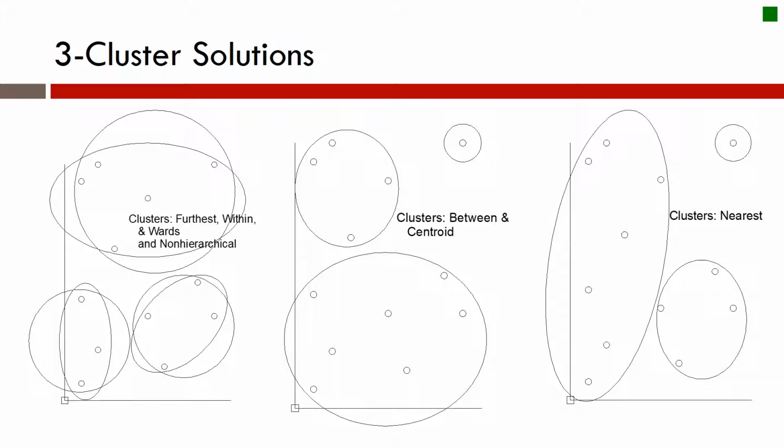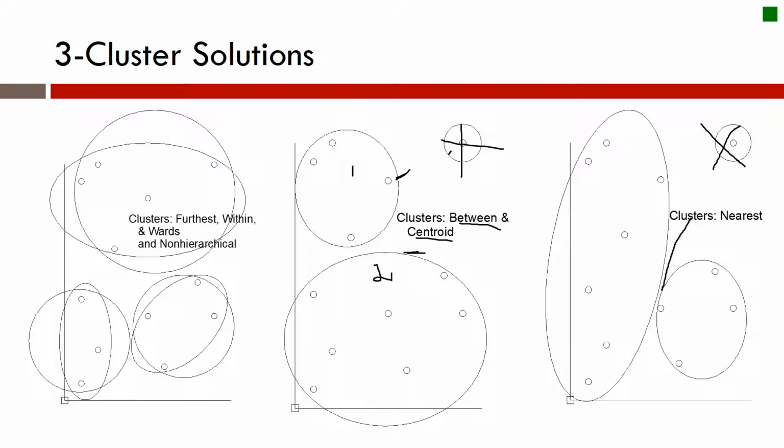Okay, other examples here, we have the between and the centroid methods giving us, we specified 3, or we looked at 3 clusters. However, these 3 are not usable. This one is probably, and this one is, but this one really is not. This one is not.